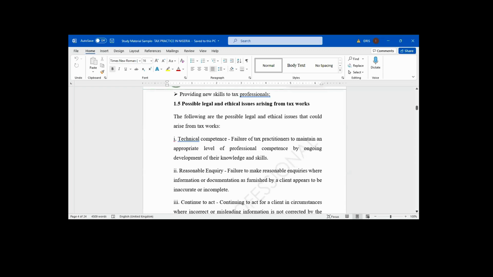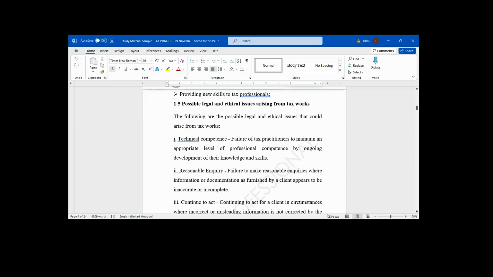Another possible legal or ethical issue arising from tax work is reasonable inquiry: failure of a tax practitioner to make reasonable inquiry. Inquiry means to ask for information while you are performing your role as a tax practitioner.